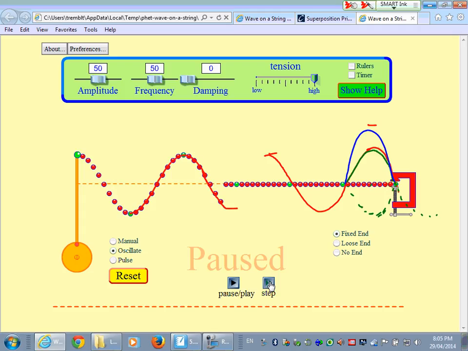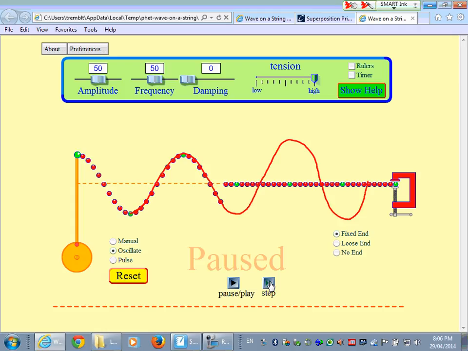It would reach its minimum over here, and a maximum up there, and a minimum over here, and a maximum up there. Let's try this over again here. Notice that where the green dots are, there's your trough, crest, trough, crest, trough, crest.